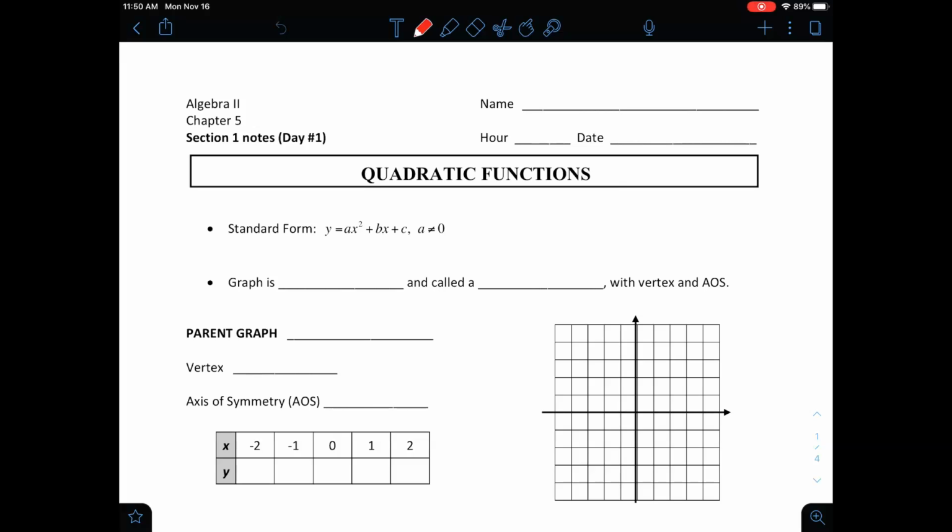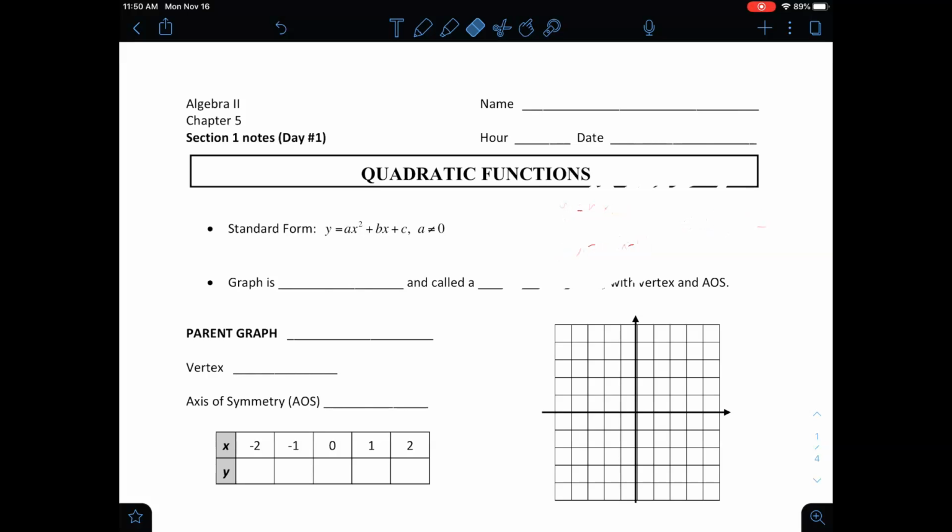So we have 3 different versions, kind of like with linear equations, where we had slope-intercept form, y equals mx plus b, point-slope form, y minus y1 equals m times x minus x1, and ax plus by equals c. Those are all different ways to write linear equations. We have the same kind of thing with quadratics, which we'll talk about a little bit later.